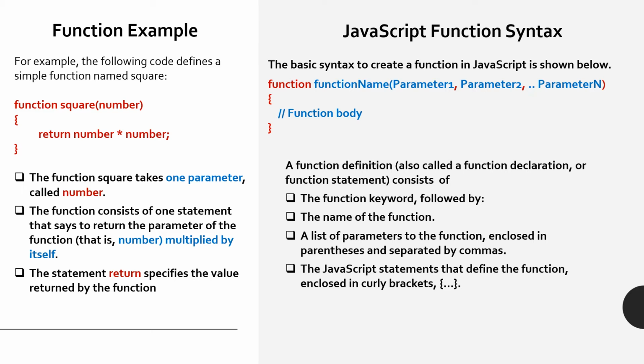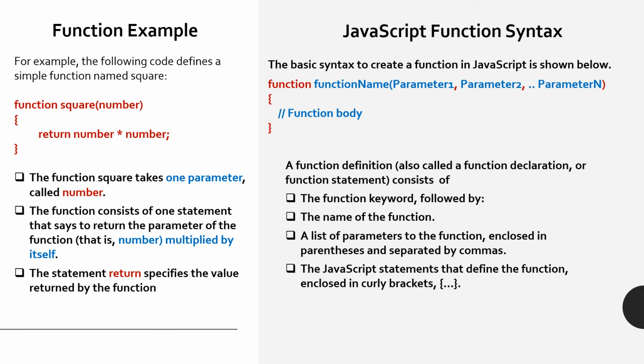See, this is an example of a function. The function keyword is used, this is the function name, square, and only one parameter is used, called number, and this is the body of the function.